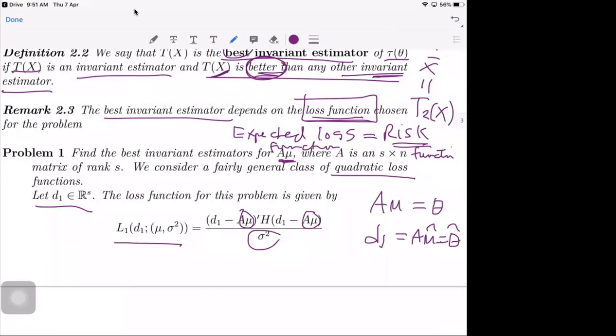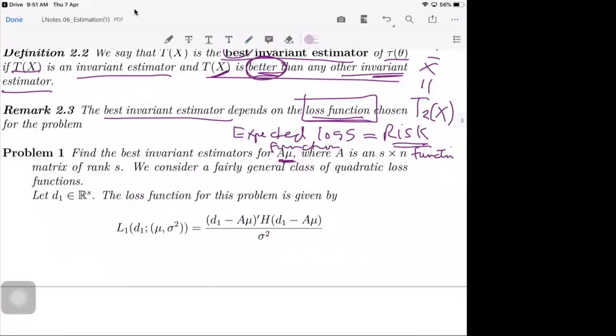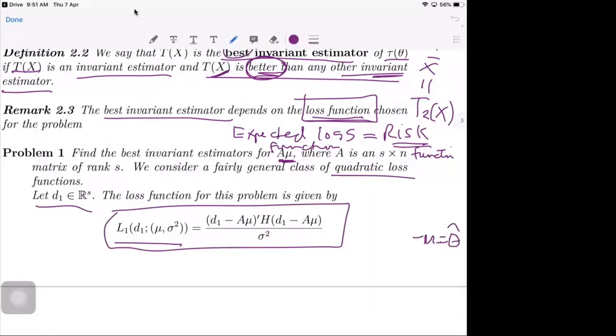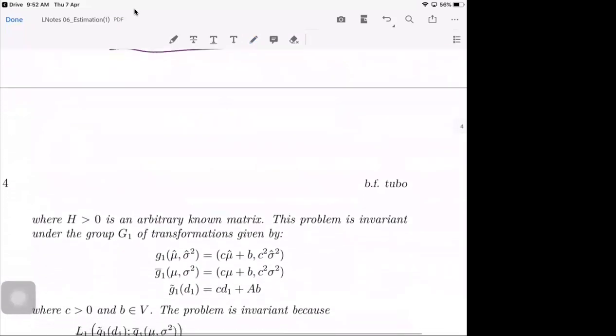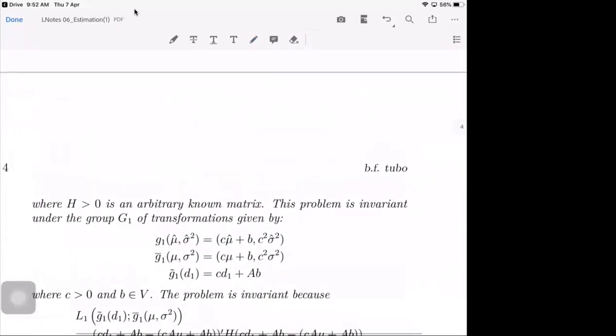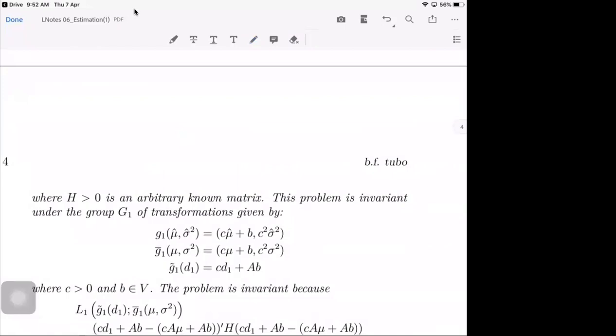So the general loss function here is given by this quadratic loss function. This part here is the sigma inverse, our Mahalanobis distance, where H here is just an arbitrary known matrix.